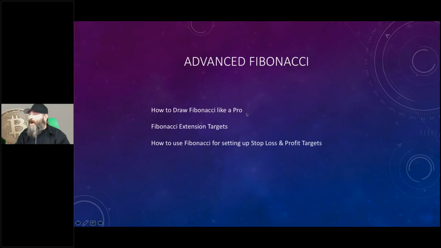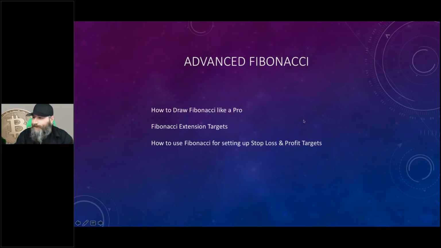All right. Advanced Fibonacci. So we did cover some of this before. I'm trying to take a look at the time. We're rolling into the Q&A zone. What we'll probably end up doing is getting some feedback from you guys and deciding if we need to take Fibonacci to the next step.